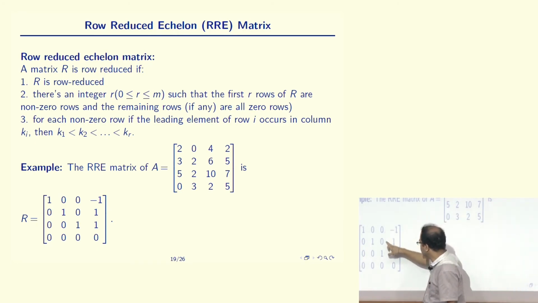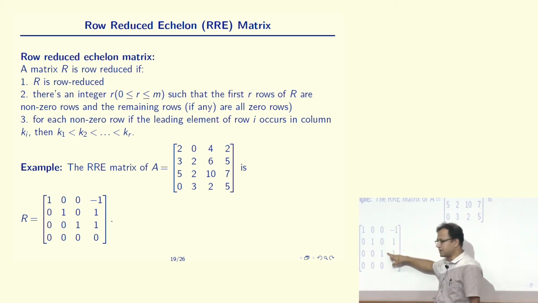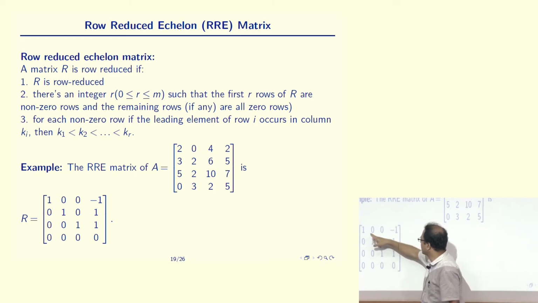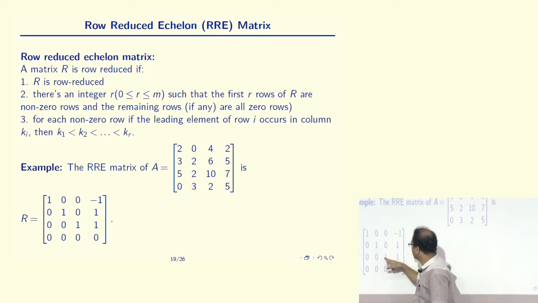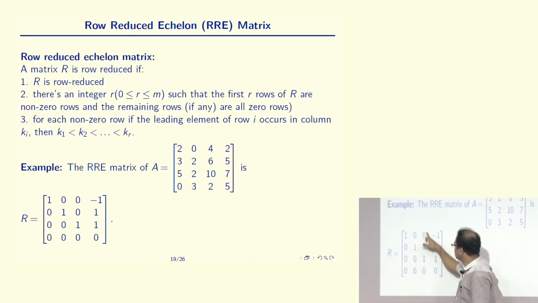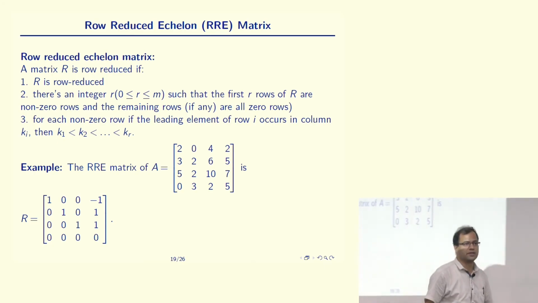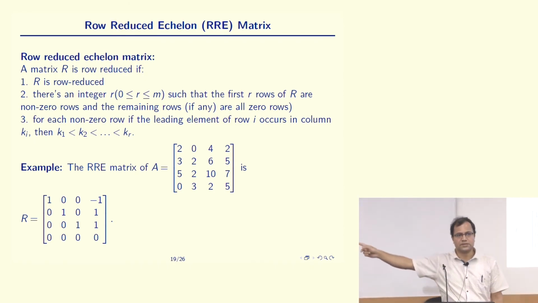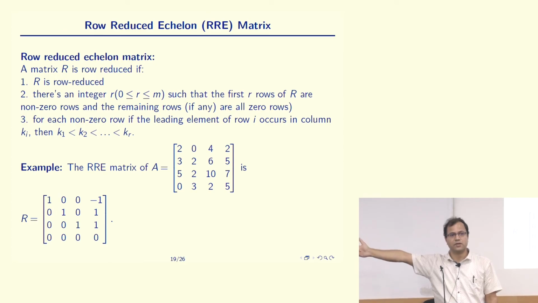In this, you can see that this is the identity matrix, right? The number of leading ones in each row gives the order. So from the size of this identity matrix, we can say what the rank of the matrix is.